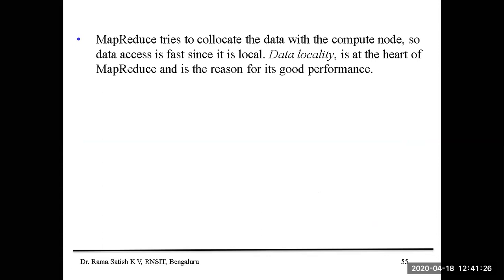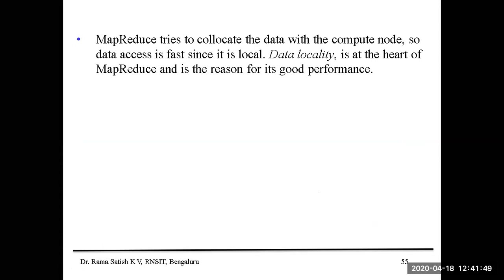So data access is fast, since it is local. And of course, in MapReduce, data locality is very important. Data is not at all moved in the case of MapReduce. I have been telling from yesterday, in MapReduce, data will never move.